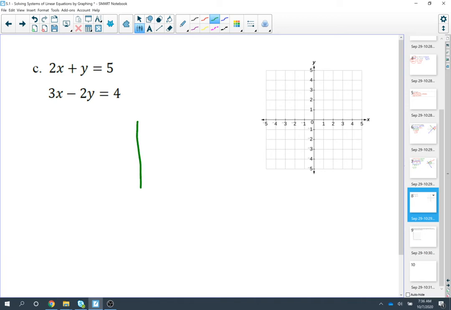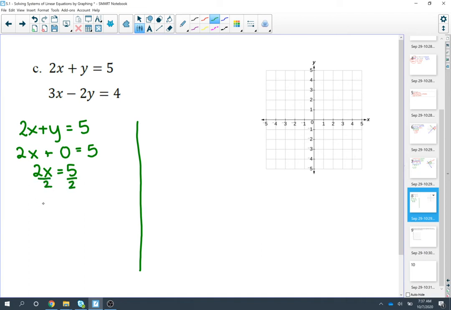So I have 2x plus y equals 5. And remember, if you want to find the x-intercept, you substitute a 0 in for y. So I would have 2x plus 0 equals 5. That's 2x equals 5, divide by 2, x equals 5 halves, which is actually 2.5.